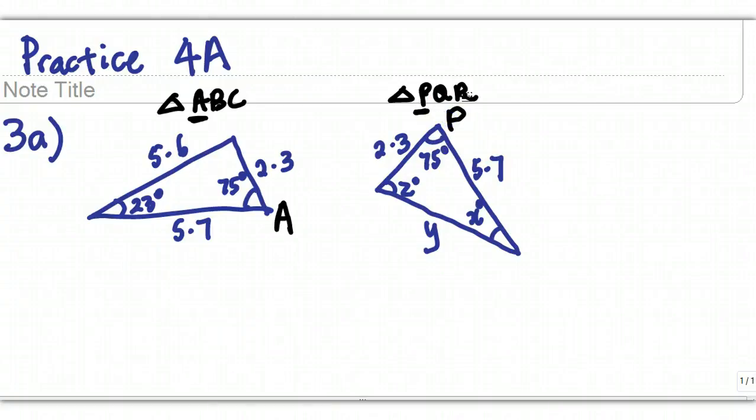Next, there are no other known angles on this side, so I can't rely on angles anymore. I will have to look at my sides. So next, we can look at this side here. If you look at this line, this is 2.3. It corresponds to this side over here.